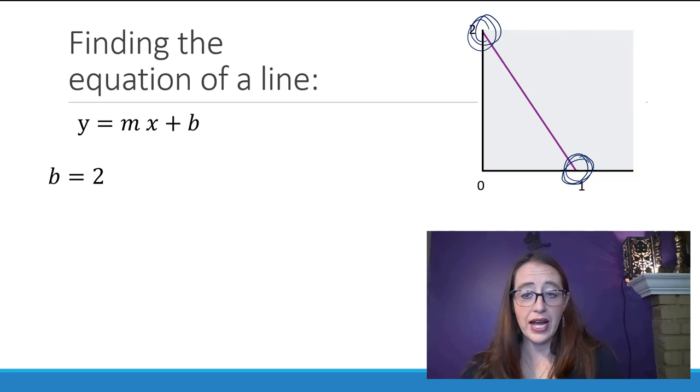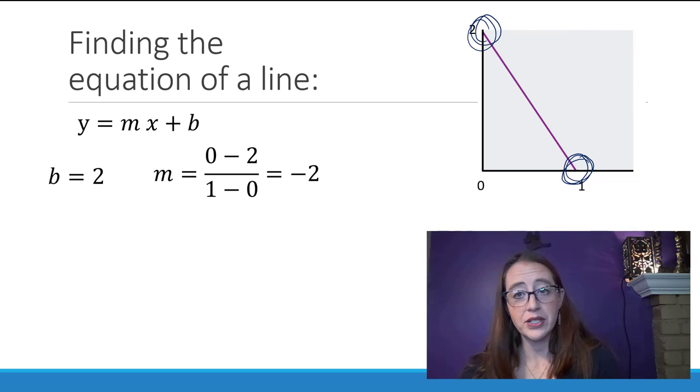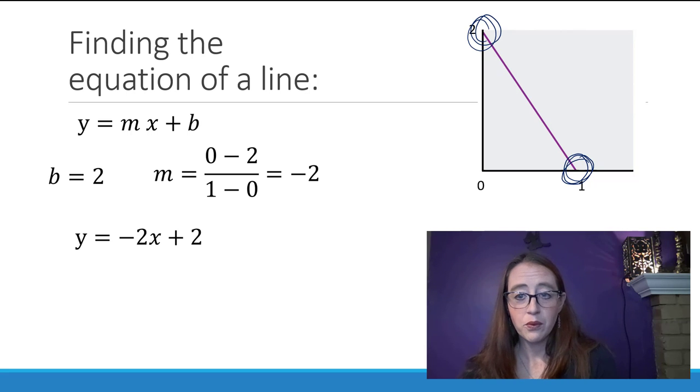This gives us a rise of 0 minus 2, or negative 2, and a run of 1. So our total slope is negative 2. We can then plug these back into our y equals mx plus b equation, which gives us this as our equation for a line.